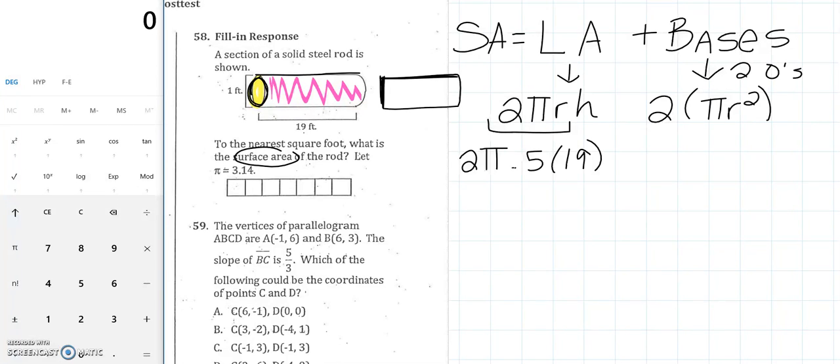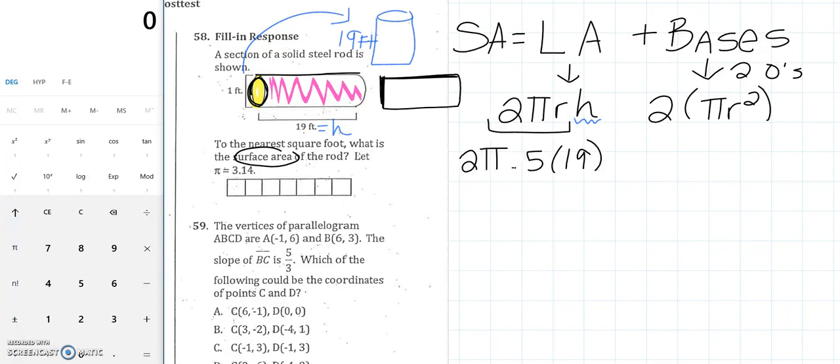Height is whatever connects your two bases together. So in this example, my two bases are the circle on the left and the circle in the back of the cylinder. And so what connects my two bases is that length of 19. That's your height for the cylinder. And if I were to rotate that cylinder and have it stand straight up, then that would be that same height of 19 feet. It just gets a little bit trickier when it lays down on its side.